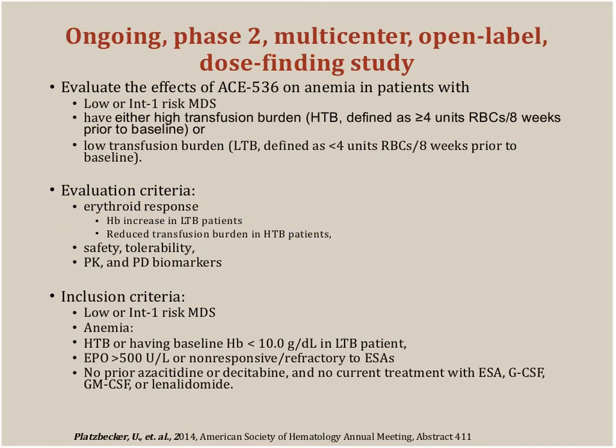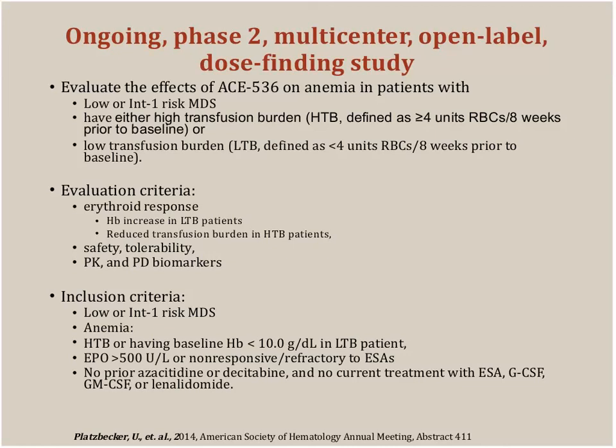In this study, lower to intermediate risk MDS patients were eligible, either higher or lower transfusion burden. Evaluation of the erythroid response was a response criteria along with safety and tolerability. And then a further inclusion criteria other than transfusion was EPO levels greater than 500.